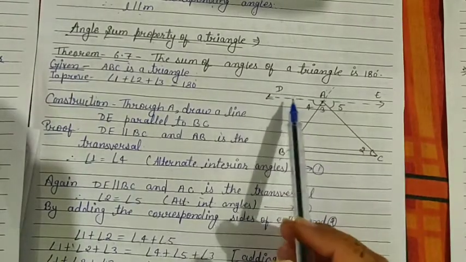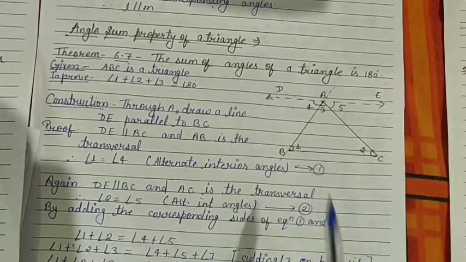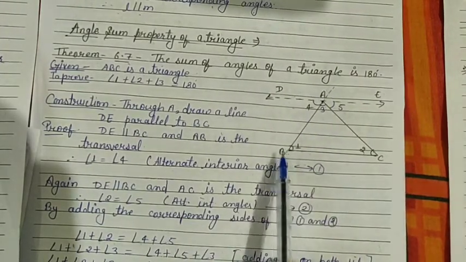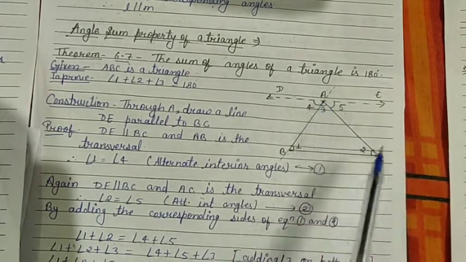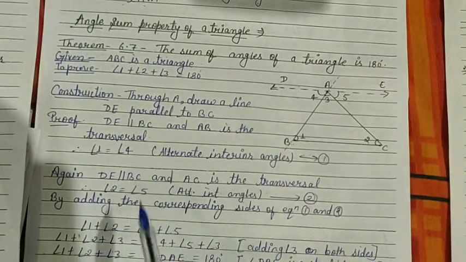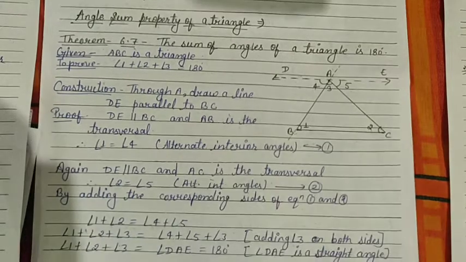Firstly, we draw a line DE parallel to BC through A. So angle 4 equals angle 1 when AB is a transversal, and angle 5 equals angle 2 when AC is a transversal, and I add corresponding sides of these two equations. Angle 1 plus angle 2 equals angle 4 plus angle 5, and after that I add angle 3 on both sides.